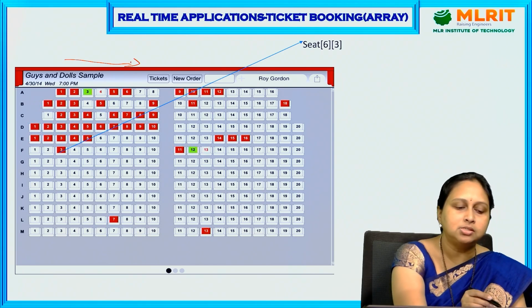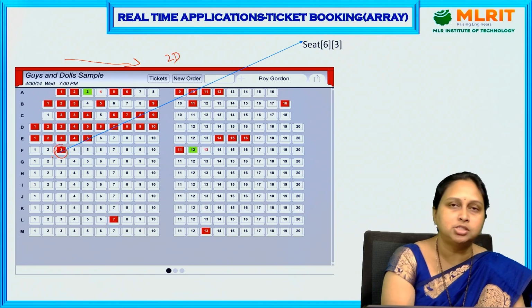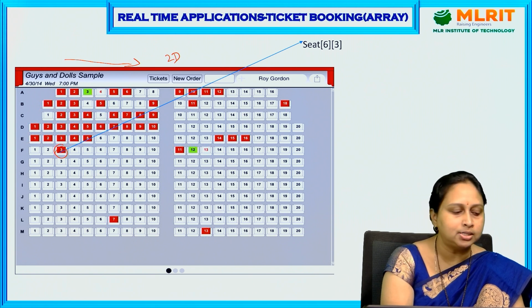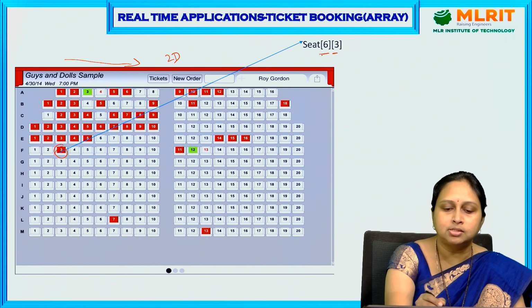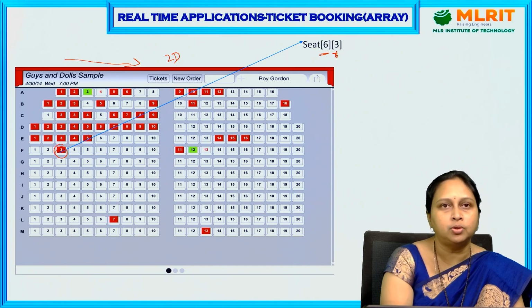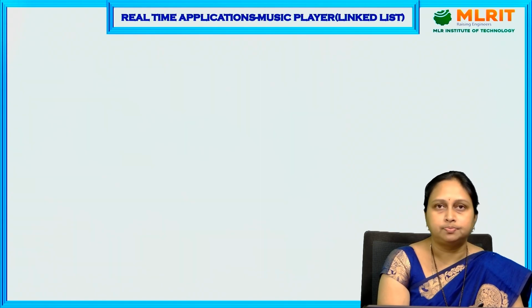This is a two-dimensional array. When I want to book a ticket of this particular row and column, what is it representing? It is representing 6 and 3. That is, in the 6th row, 3rd column, I want to book a ticket. This is one of the real-time applications where the array concept is used.